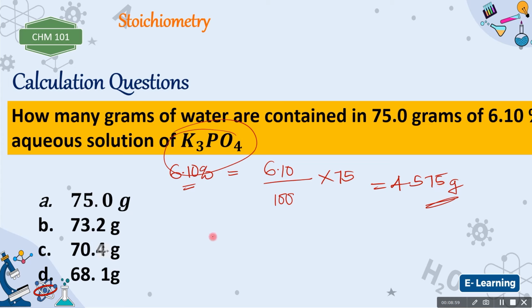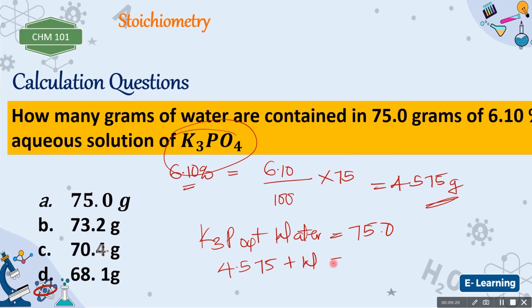So total, a solution consists of what? The potassium phosphate plus what? Water. So potassium phosphate plus water give us 75.0 grams. You've calculated that of potassium phosphate to be 4.575, plus water will be equal to 75.0.